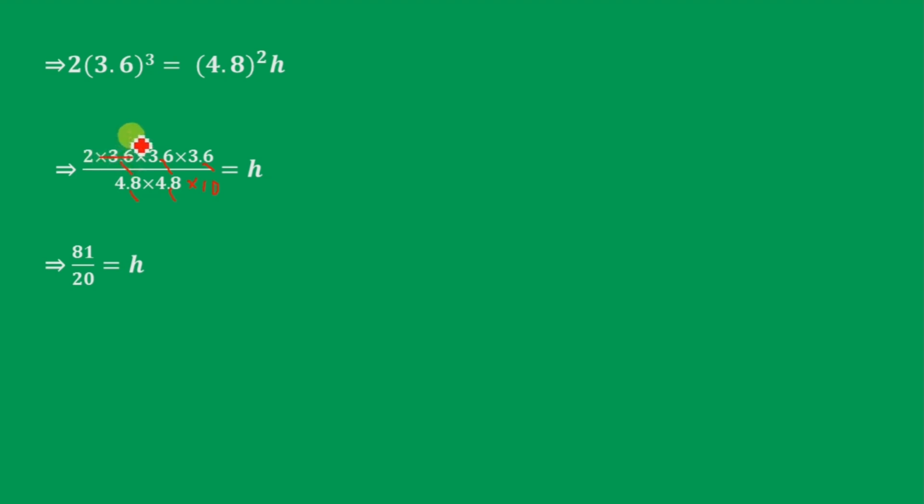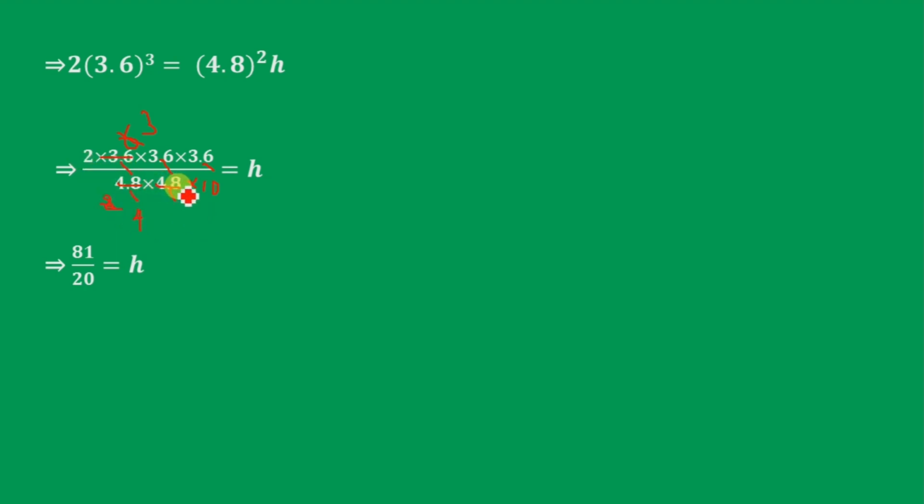Okay, 6 3s are 18. 6 8s are 48. 2 3s are 6. 2 4s are 8.